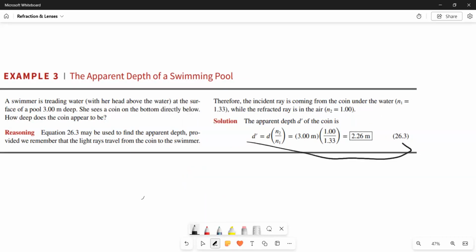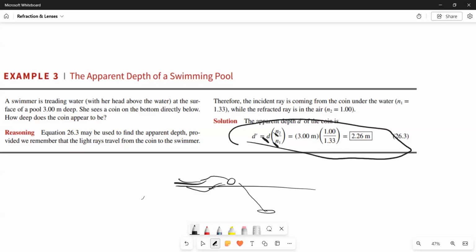So we use this formula here. We know the actual depth of the pool, and her head is above water. The refractive index of the water itself is 1.33. Don't forget that the ray is coming from the water. The coin is down here, so the ray is coming from here and going up to the swimmer, who is up here swimming.